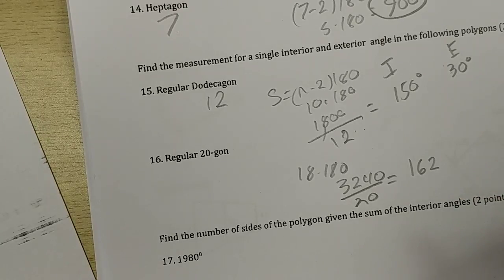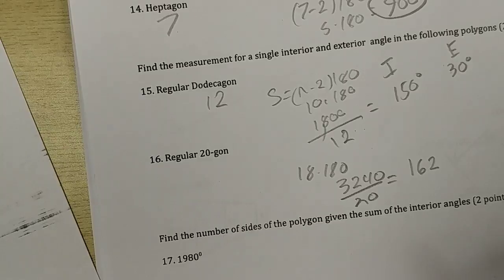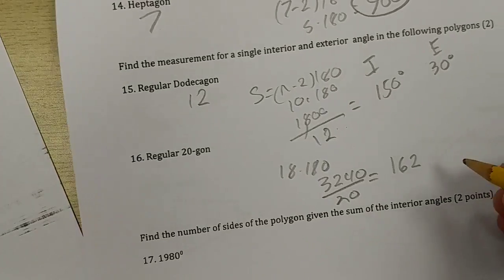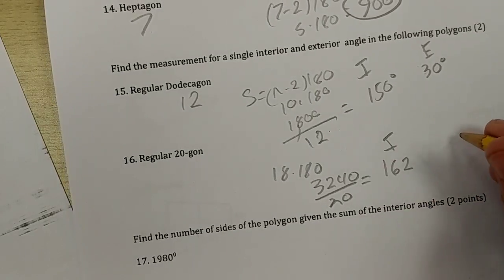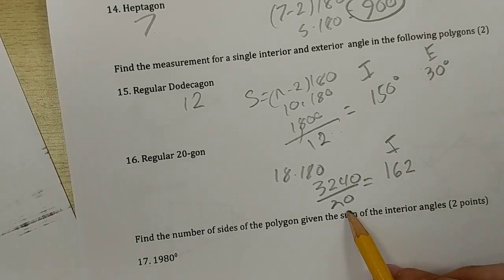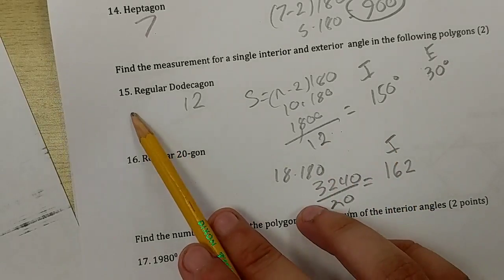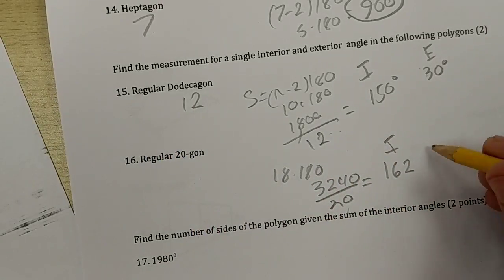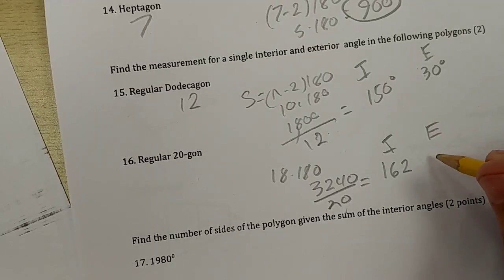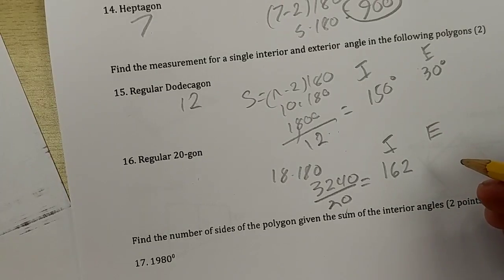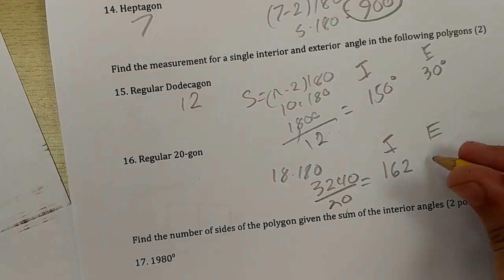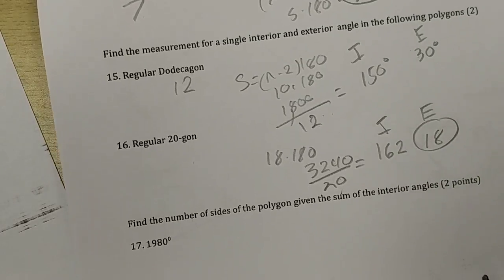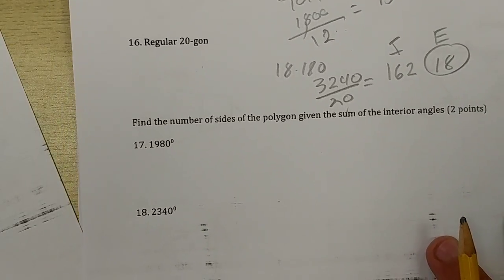I'm just going to type it in because for some reason I don't trust myself. Yes, 162. That's your interior angle. The reason I divide by 20, and before by 12, is because it's a 20-sided shape and a 12-sided shape. Then the exterior angle is 180 minus 162 equals 18. After doing this for too long, you have to check simple things with the calculator.